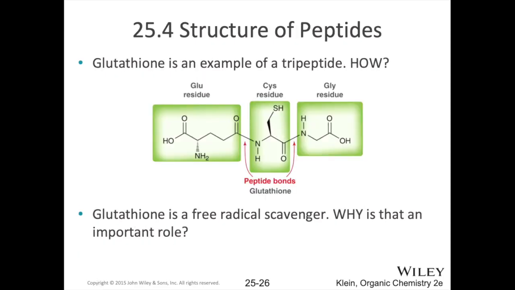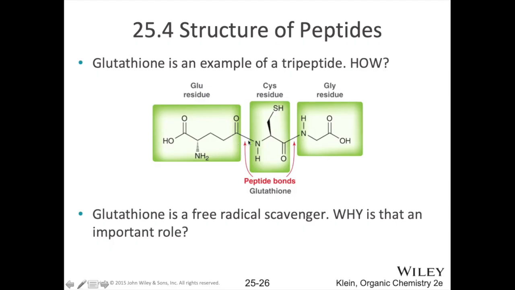Now that we've talked about making amino acids, let's talk about linking them together to form peptides. I mentioned a tripeptide means there are three amino acids linked together. Here we have glutathione as an example of a tripeptide. It's made up of glutamic acid, cysteine, and glycine, all linked together.